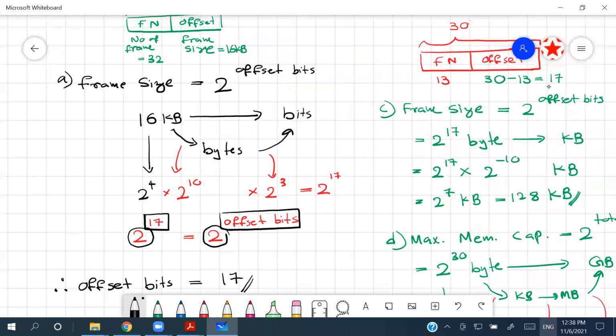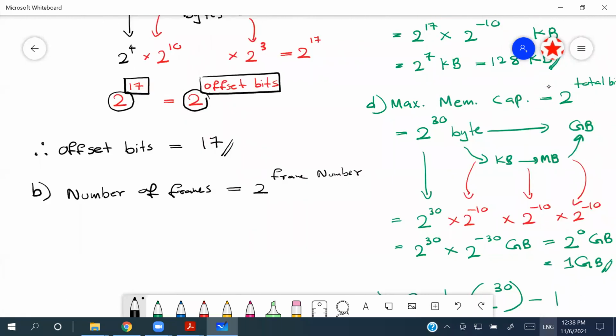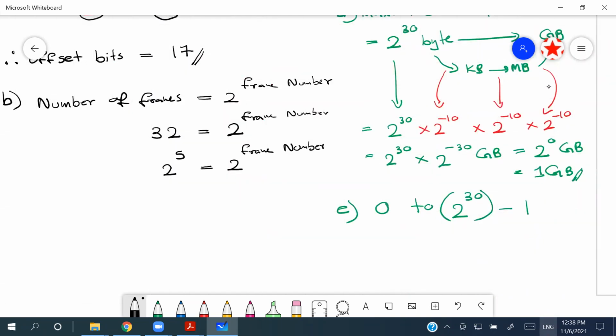Here they have given the number of frames as 32. So 32 equals 2 to the power frame number bits. 32 means 2 to the power 5. As we argued in the previous answer, we can say therefore that the frame number bits equals 5.